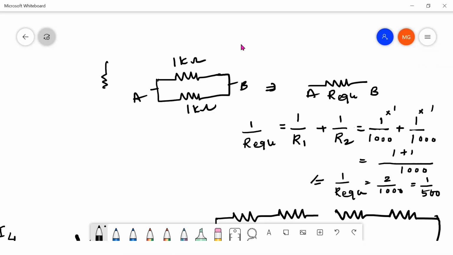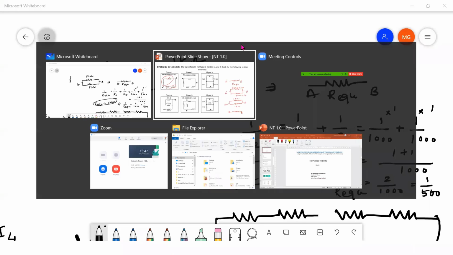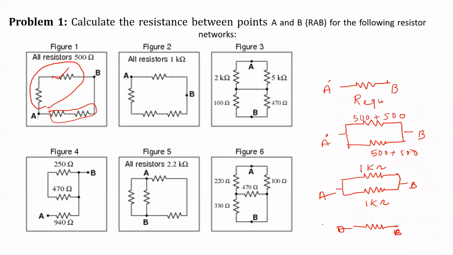So as a result, what is R equivalent? That is equal to 500 ohm. All right. So as a result, what is the equivalent resistance between the point A and B? It is 500 ohm. I hope everyone understood the problem.